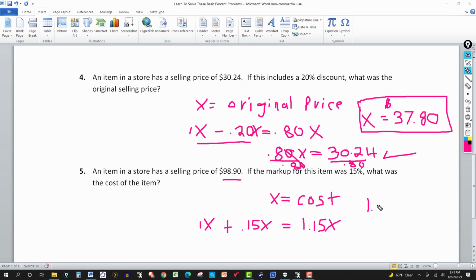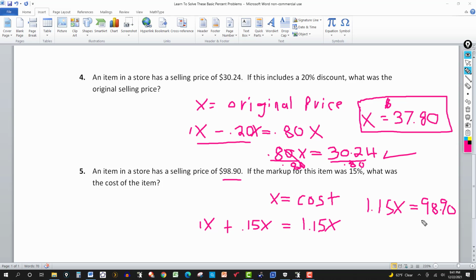So you can just say then 115%, changed to a decimal, times X is equal to 98.90. What's the original cost of the item?